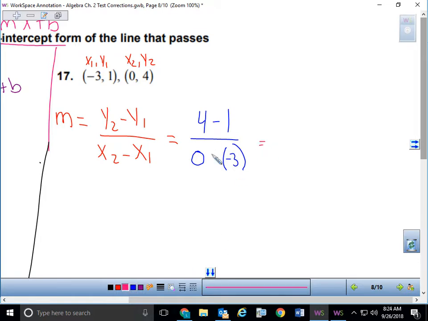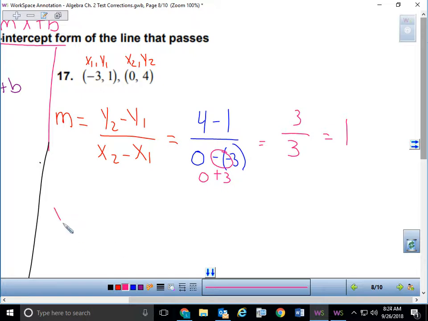Simplifying what I can here. 0 minus -3 will be these two turn to a positive. So it's really 0 plus 3 is the problem. 4 minus 1, that's 3, over 0 plus 3 is 3. 3 over 3 simplifies to 1. So my slope is 1.